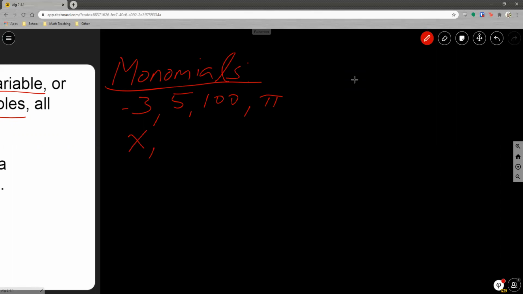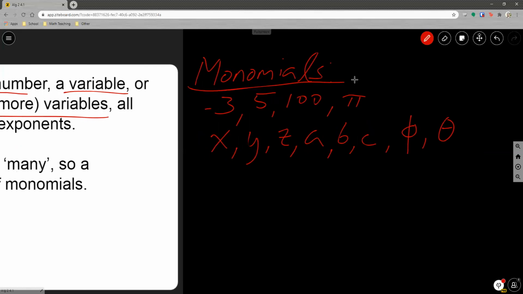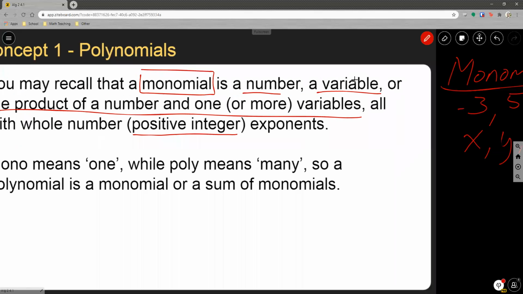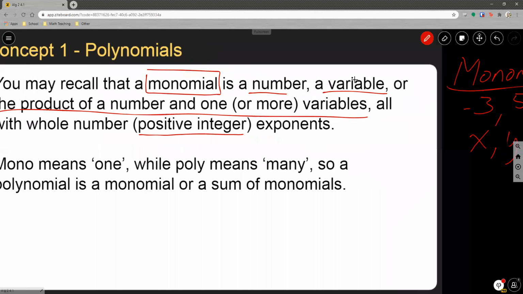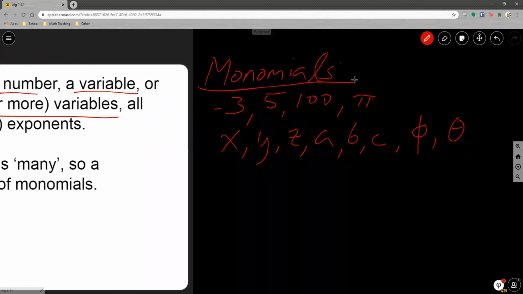Variables, x, y, z, a, b, c, phi, theta, anything that can be a variable. And then, of course, that last part of the definition, this is probably the more confusing part, the product of a number and one or more variables. So the product is just when you multiply everything together.